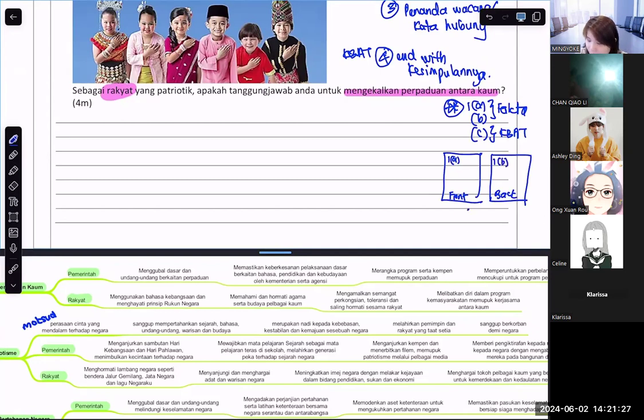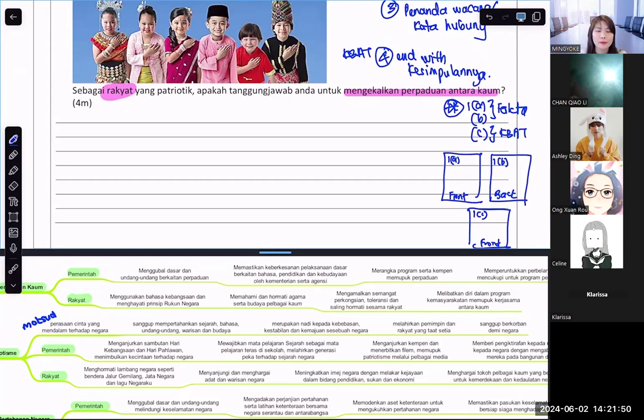Then another piece, front, 1C. I will advise you all to use one page for one sub-question. 1A, one page. 1B, another page. 1C, another page, like that.